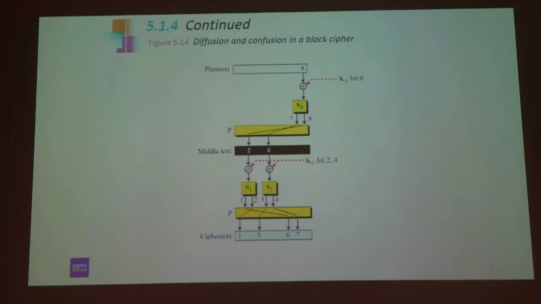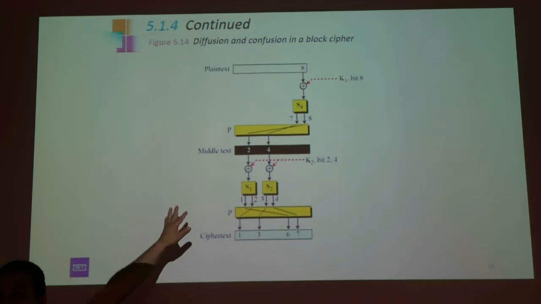There was a previous slide that said for it to be invertible, the input had to be the same number of bits as the output. In here, it's all the same input and output, all the same size.